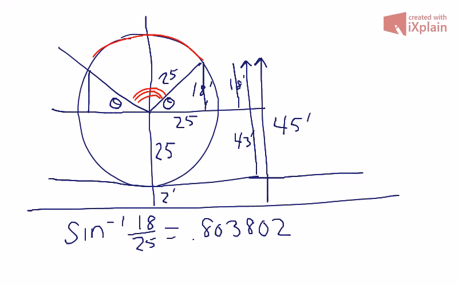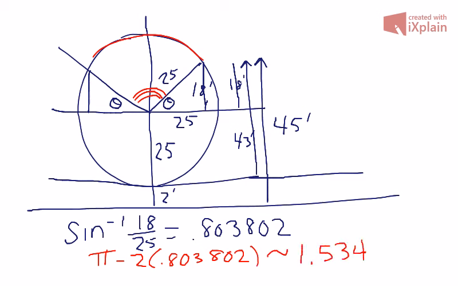So half the circle is pi, so if we take pi minus 2 times 0.803802, we get 1.5339, or approximately 1.534. So they are above 45 feet for 1.534 radians.